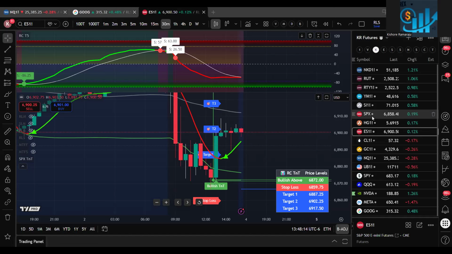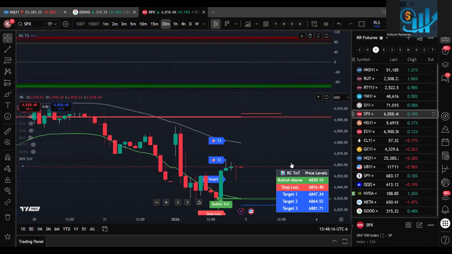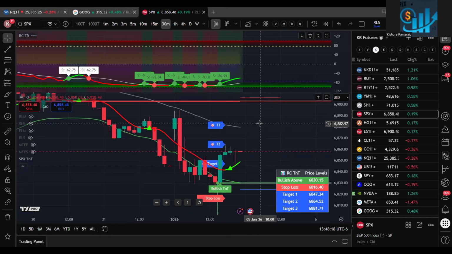Right? For example, if you see SPX, you got a bullish tag and turn, right? It started going up. Whenever you see a bullish tag and turn, you can do the bull puts. It is bullish above 68.30, 68.47, 68.64, 68.81. It went all the way to 68.64, target 1, target 2, target 3.